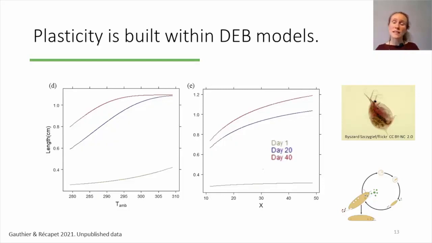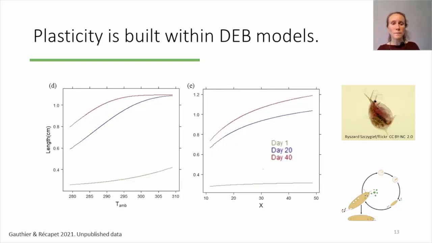So that's a red line above. Whereas the lowest temperature, for those individuals which had a slower growth and have not yet reached their maximum size, still has an influence. And so that changes the shape of the reaction norm.